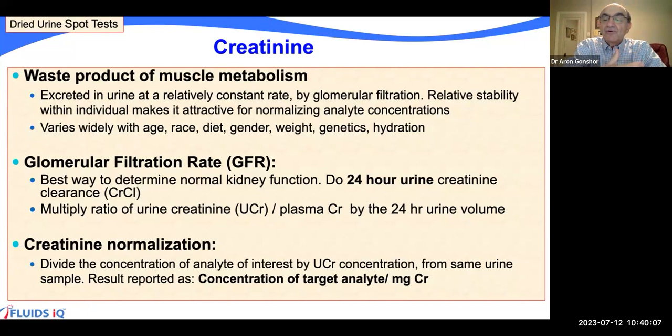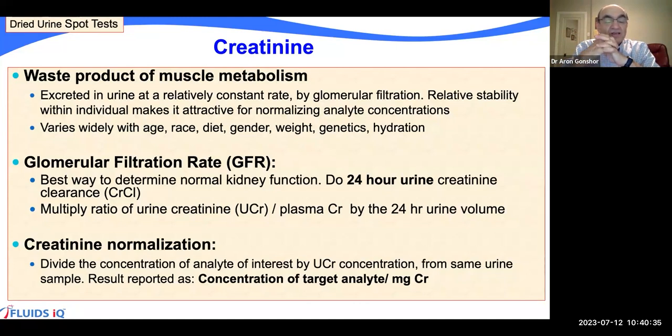So you do a 24-hour urine creatinine clearance, CrCl, extremely well known, and you multiply the ratio of the creatinine in the urine to the creatinine in plasma, that ratio, by the 24-hour urine volume. And when you do that, you end up with a GFR. And you need to normalize creatinine.